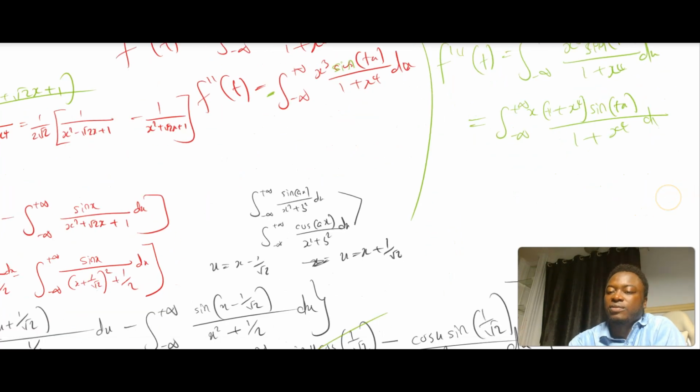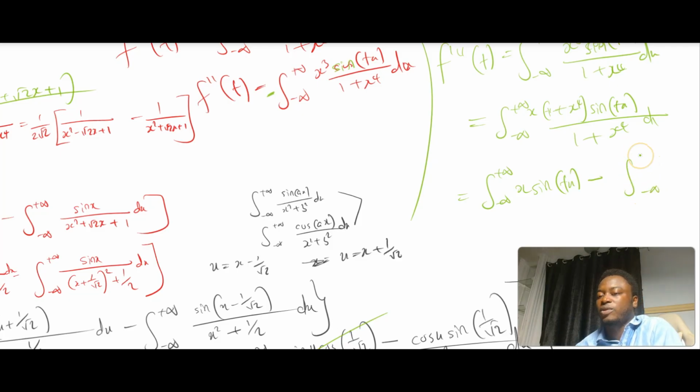If you do simplification, you have the integral of x times sine of tx, minus the integral from negative infinity to plus infinity of x sine of tx, all divided by 1 plus x to the fourth. So this is basically our initial f of t.